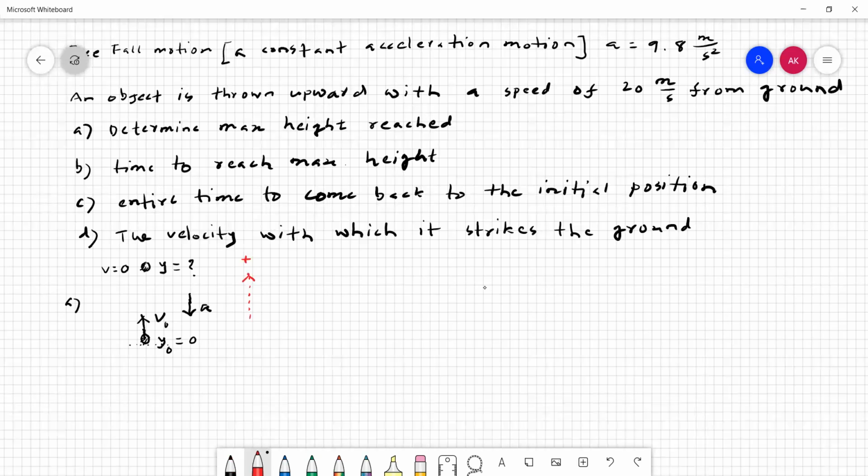Once we know the upward direction is positive, v0 will be plus 20 or minus 20? Which direction? Okay, that is plus 20. And a will be plus or minus? Minus.